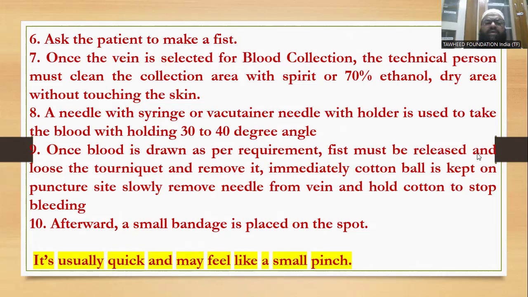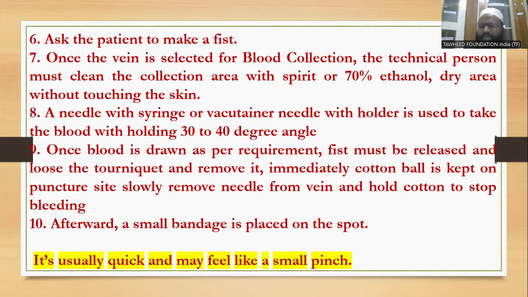A needle with syringe or vacuum needle with holder is used to take the blood, held at a 30 to 40 degree angle. He has to maintain the angle also. Once blood is drawn as per requirement, the fist must be released, and loosen the tourniquet and remove it.